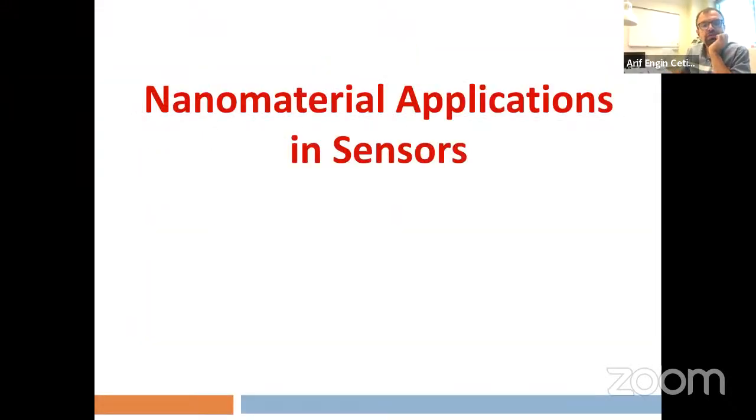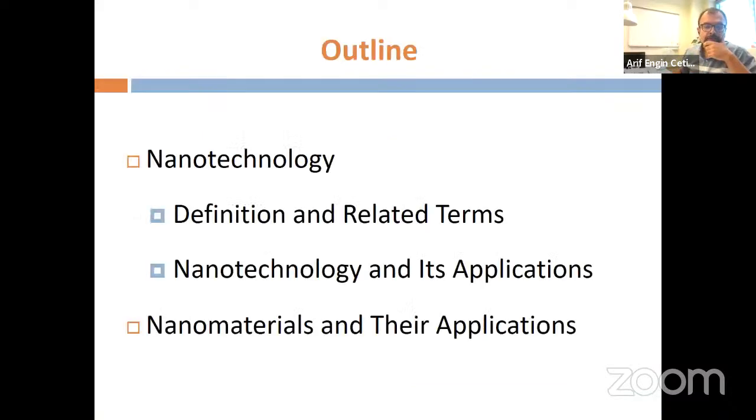So today I will try to cover some material about nanomaterials and nanotechnology and their specific applications. I will give you some definitions related to nanotechnology, and I will try to give a summary of some applications related to nanotechnology and nanomaterials.